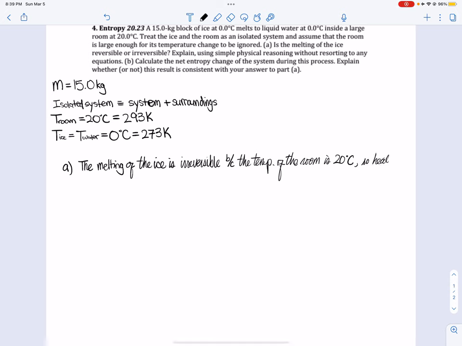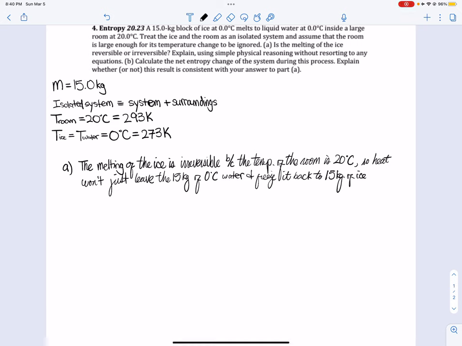So heat won't just leave the 15 kilograms of 0 degrees Celsius water and freeze it back to ice without work being done on the system. So that'll be my answer for part A.